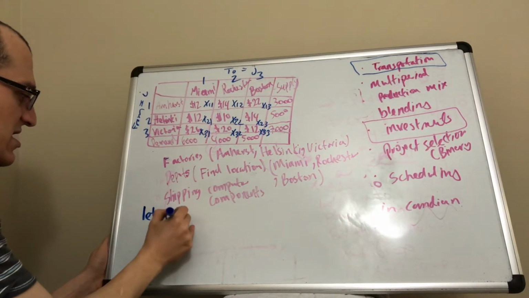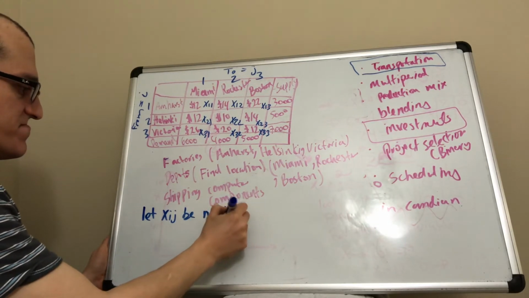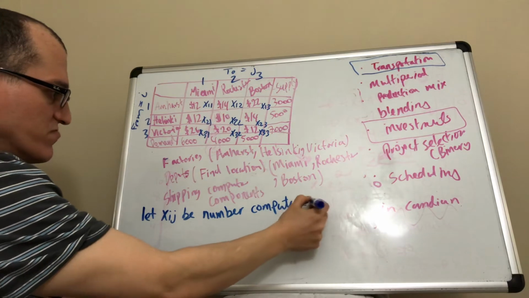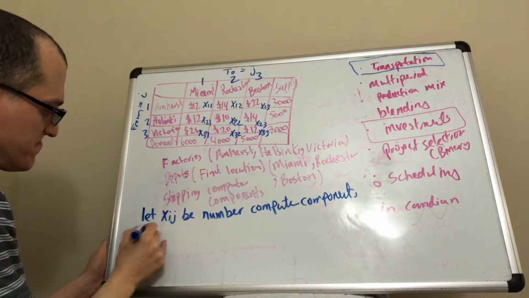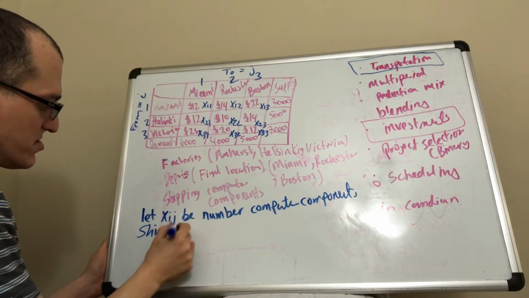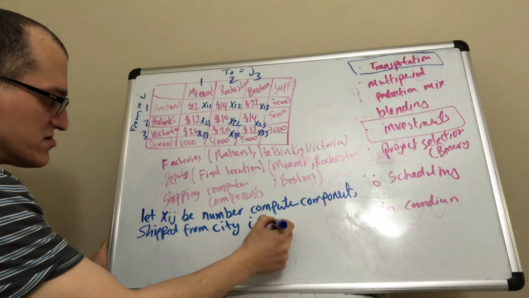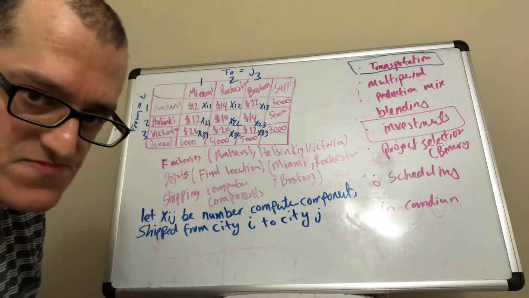Let xij be number of computer components shipped from city i to city j. And that would be good enough.